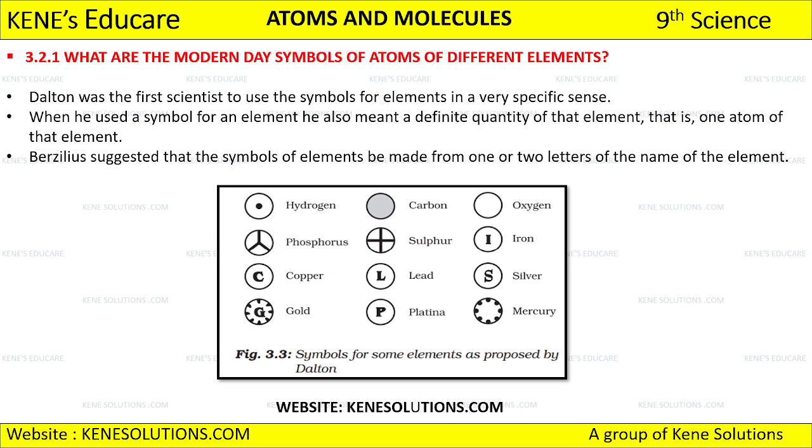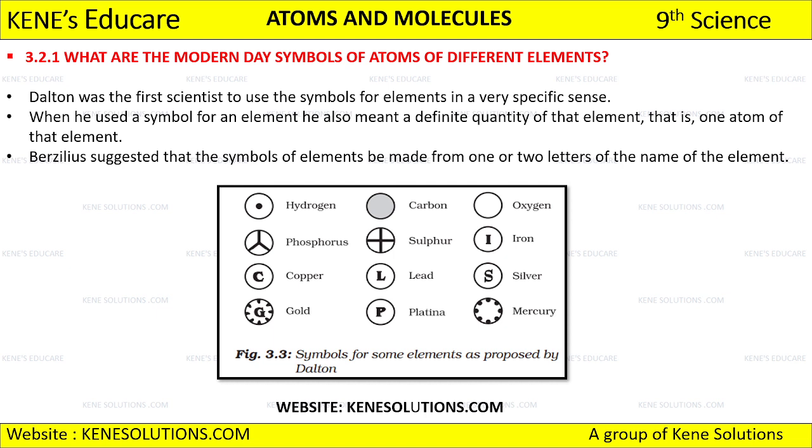Berzelius suggested that the symbols of elements be made from one or two letters of the name of the element. In Dalton's symbols, a circle with a dot in it is hydrogen. If it's completely blank, it's oxygen. If it's grayish, it's carbon. For sulfur, it has a kind of positive sign in it.